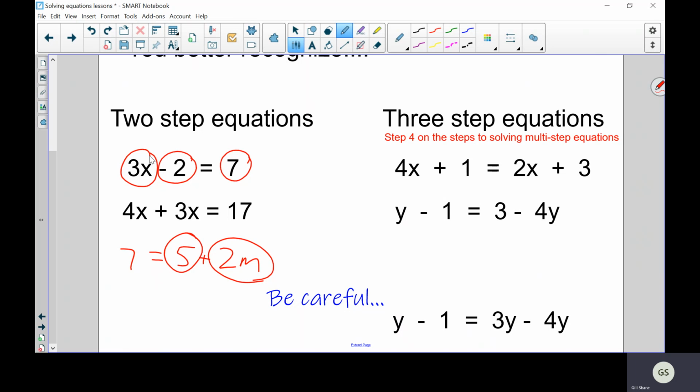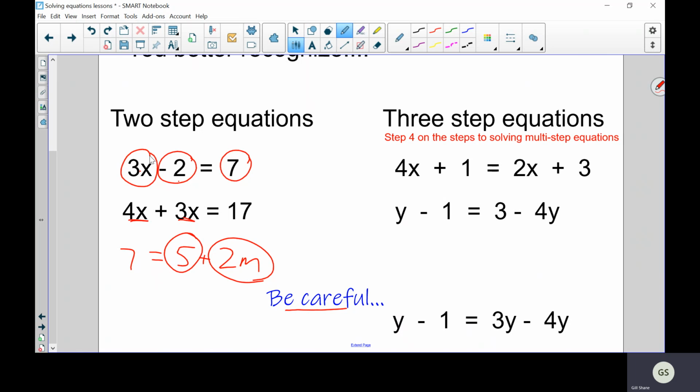It's two variables on one side. I said you gotta have one term with a variable and one constant. We don't have a constant on that side. So this is why this slide is labeled be careful. Just because you have two things on one side of the equation does not mean you're at a two-step equation. So be careful. Has to be one term with a variable, one term that's just a constant, so no variable. Then on the other side, just a constant.